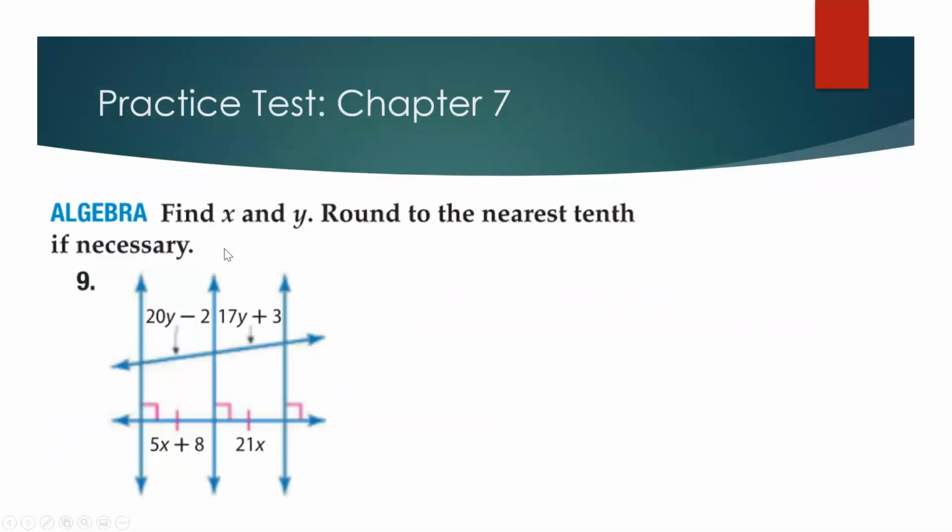All right, so here it says to find x and y and round to the nearest tenth if necessary, okay? So here it tells us that this side is equal to this side here. So I'm going to have 5x plus 8 equal to 21x. And then I'm going to subtract 5x from both sides, and I get 8 equals 16x.